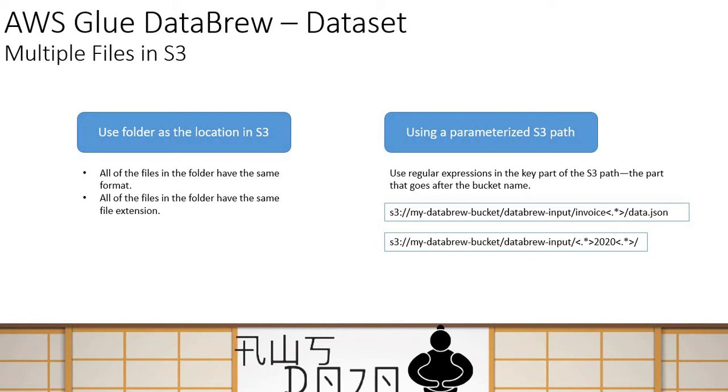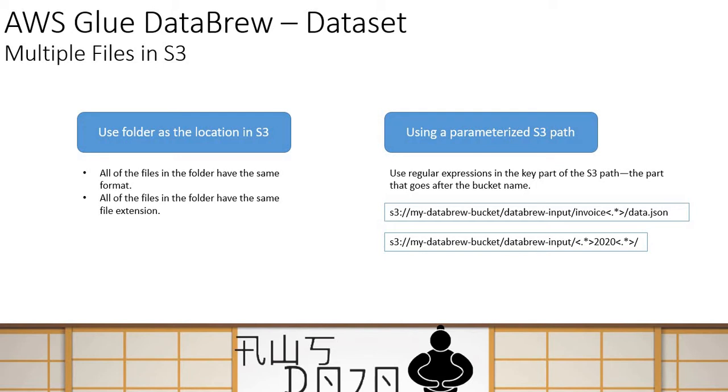So again, you can see in these two examples that you cannot parameterize your bucket name, but under the bucket name, you can use regular expressions to filter down on the folders and the files or the objects which you want to include in your data set. And that really makes it very powerful, where you might want to create multiple data sets under the same folder, depending on certain expressions or naming conventions.